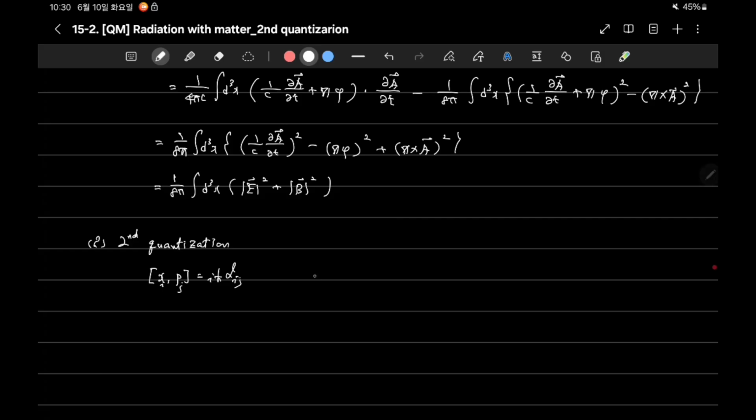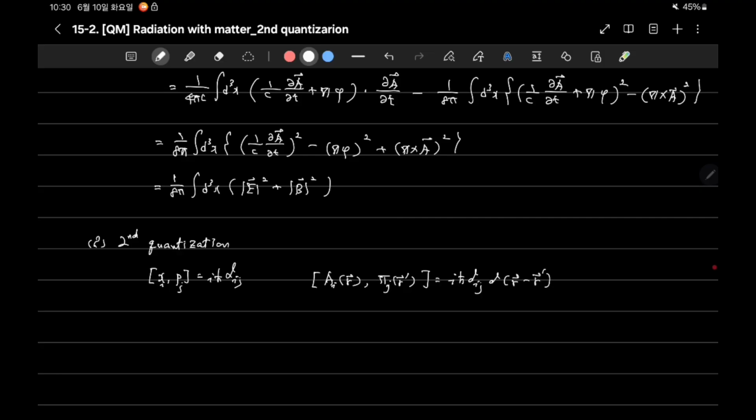Here the commutation relation in this field is that A_i, the coordinate, corresponds to the magnetic vector potential, and the conjugate momentum, at R prime, gives i h bar delta ij and the delta function R minus R prime.